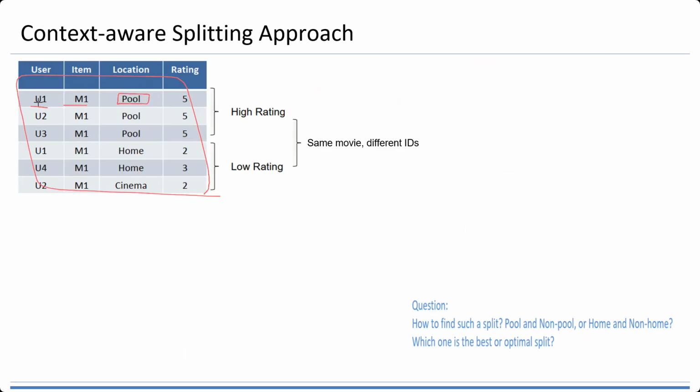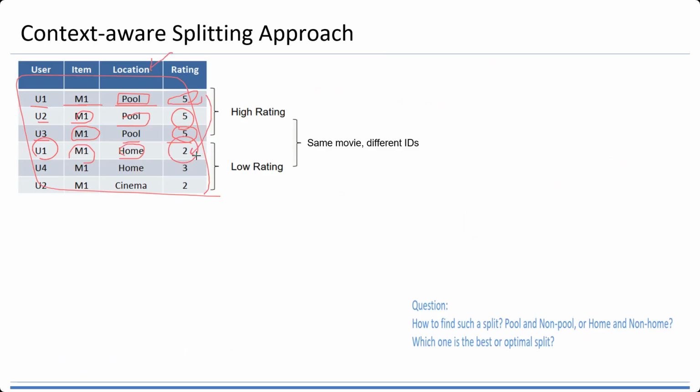When user one watched movie one at the pool, he gave rating 5. When user two watched movie one at the pool, he also gave 5. User 3, when he watched the movie at the pool, gave rating 5. But when user 1 watched movie one at home, he gave the rating 2. So the same item, but different location, has a different rating.